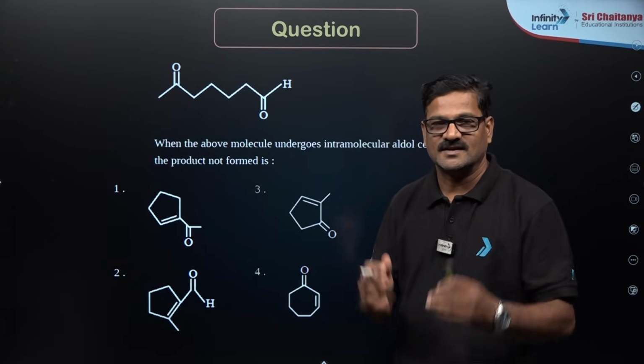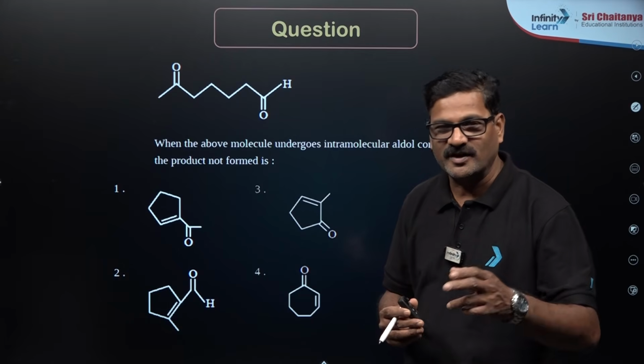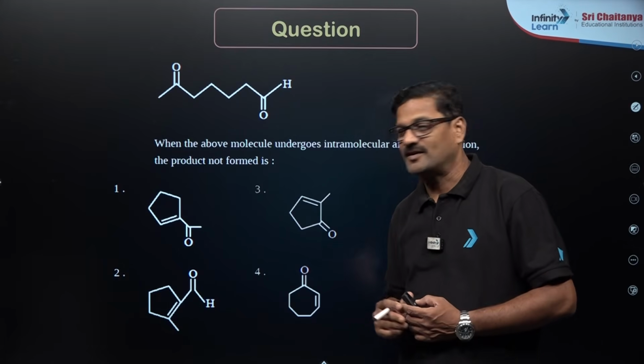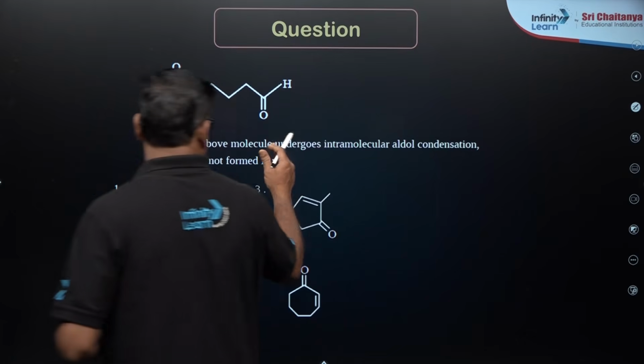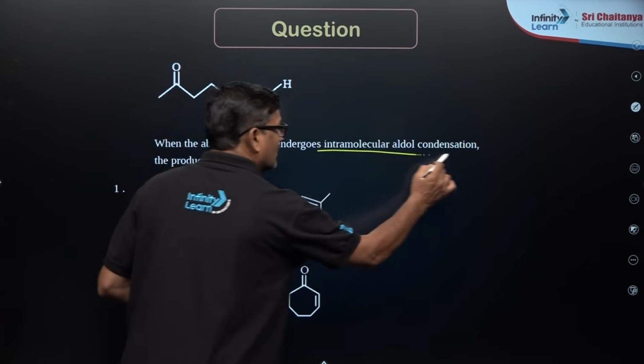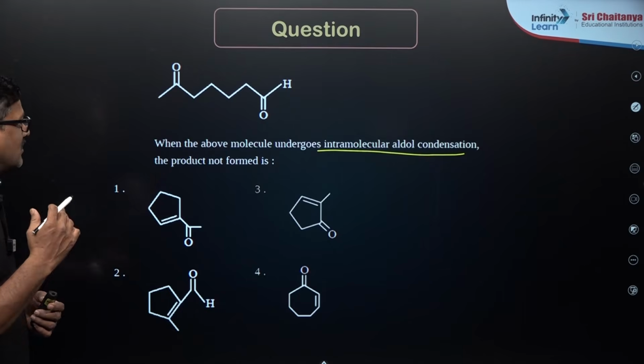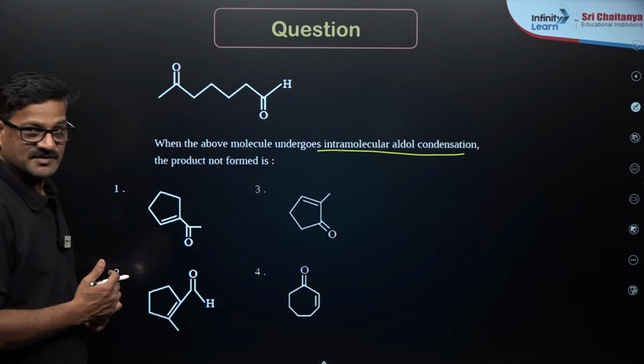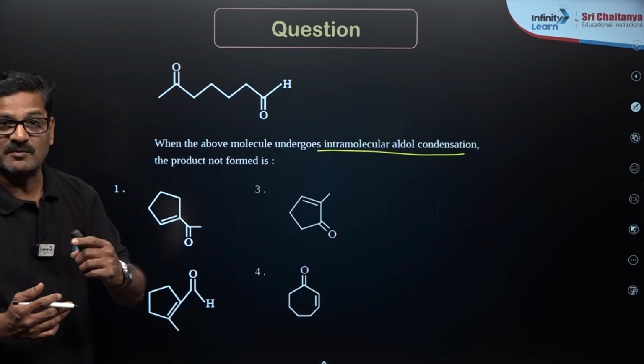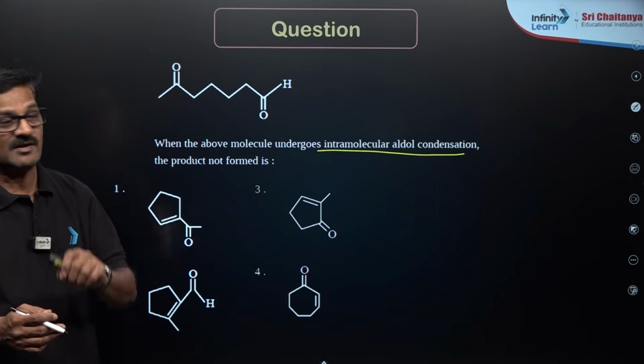Students, it is a simple question, looks complicated question from the aldol condensation. When the above molecule undergo intramolecular aldol condensation, it is given. So when it undergo intramolecular aldol condensation, enols formed by ketone is more stable than aldehyde.